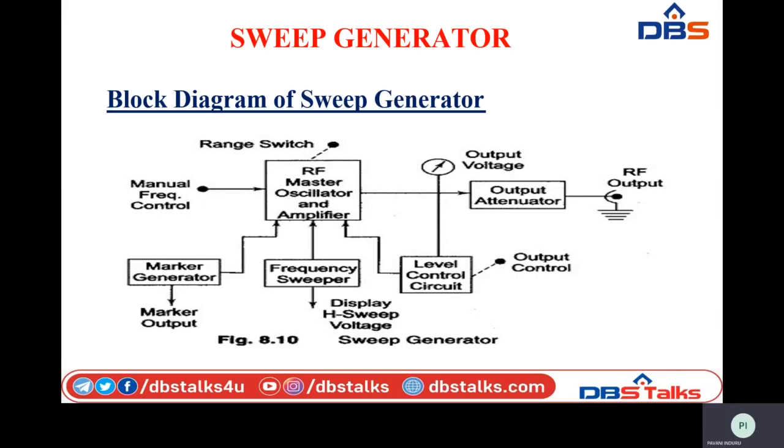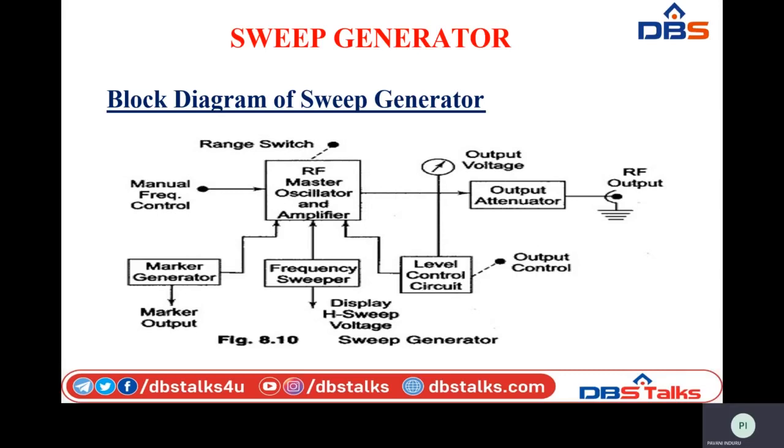Coming to the mechanical method, here we have manual frequency control, which drives the oscillator, and with the help of a motor it drives the capacitor. That means by changing the capacitor value with the help of the motor, we are going to vary the frequency.